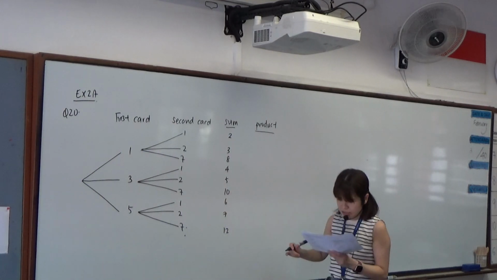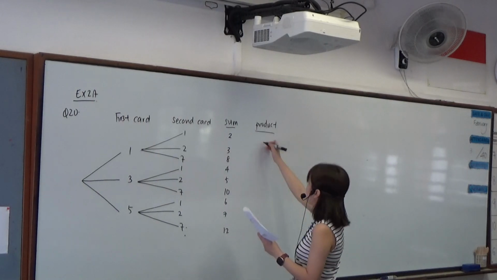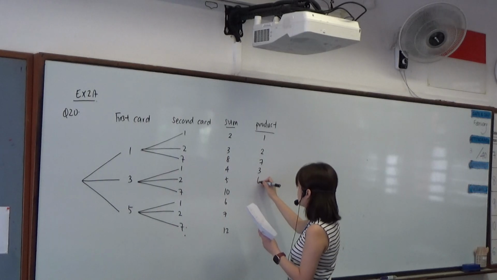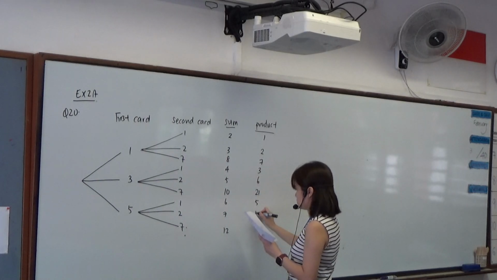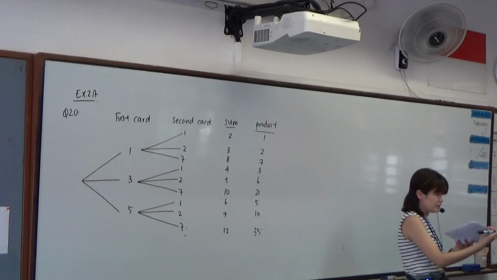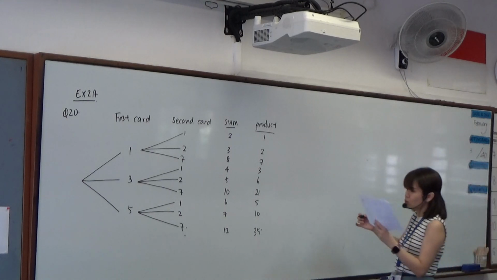Otherwise, your parts C to G, I don't know how you actually went about getting your probability. So that's for question 20 about your probability or your tree diagram. Then next, exercise 2B.